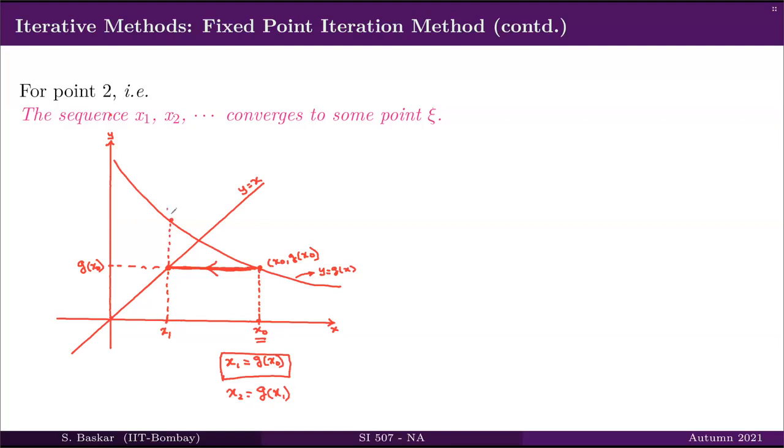So this is our x1 comma g of x1. Once you get this, you can see how to obtain x2. For that, first you draw the constant line y is equal to g of x1, and see where it intersects the line y equal to x. So it intersects at this point. Therefore, x1 now moves to x2, where x2 is given by this point, right?